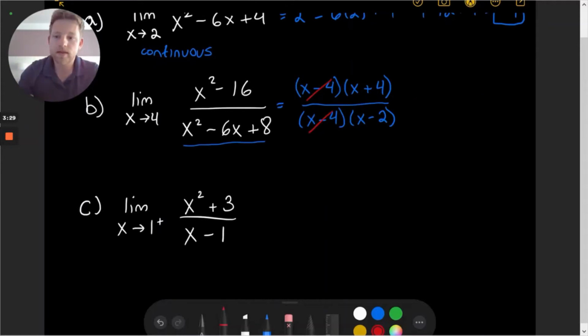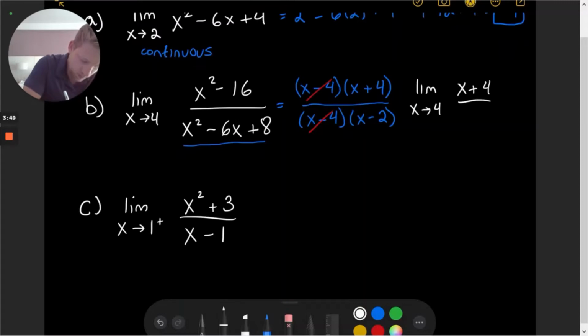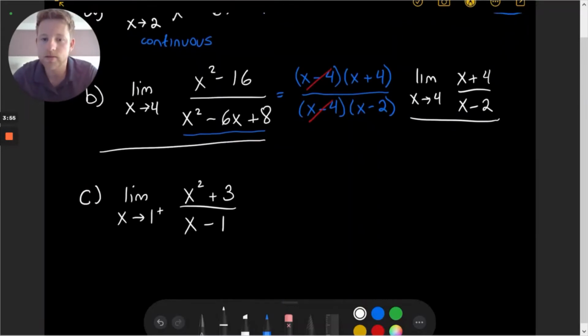And so when we consider the new limit, what we know to be true, and we'll write this down below, is that the limit as x goes to 4 of x plus 4 over x minus 2 is equivalent to the original limit that we had in the problem.